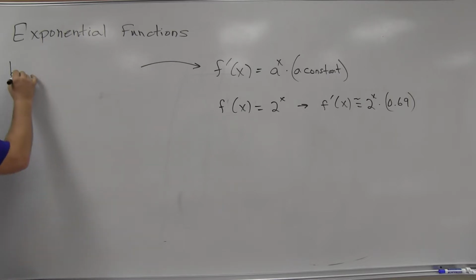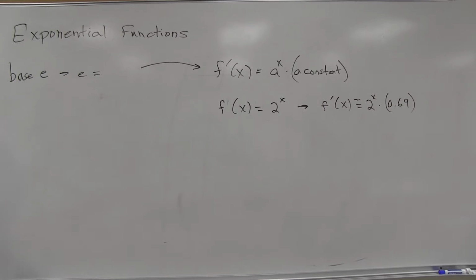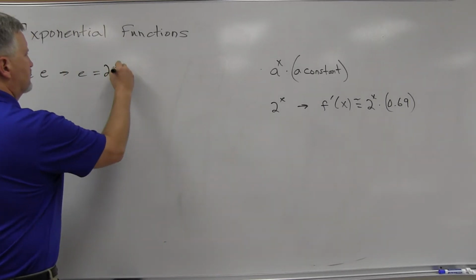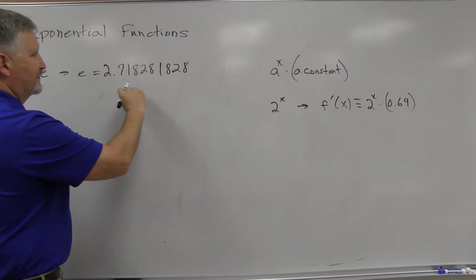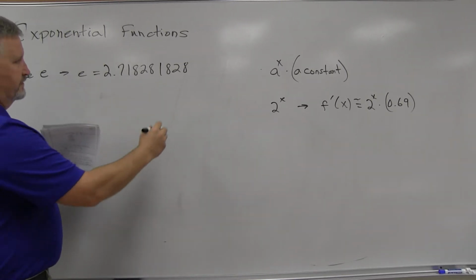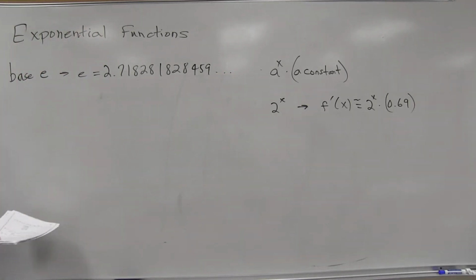We do a little bit of that in some of the algebra. e is a constant like pi, 2.71828, and the next digits are 459. So it's like pi, it's an irrational number. It doesn't repeat or terminate.